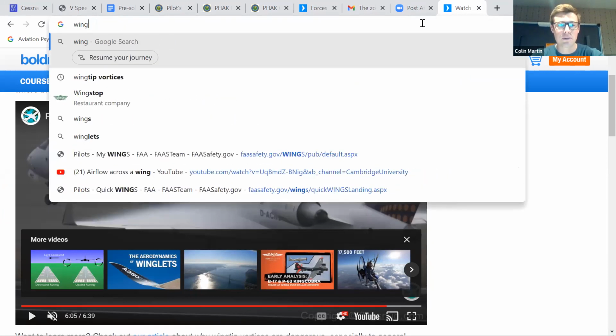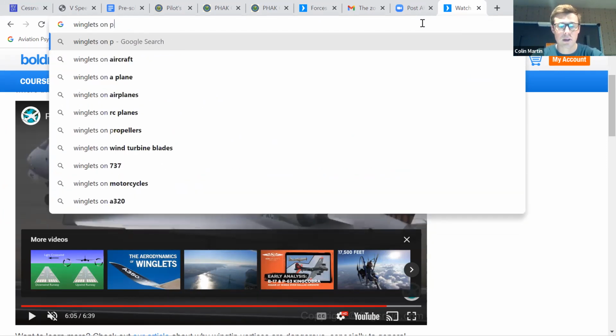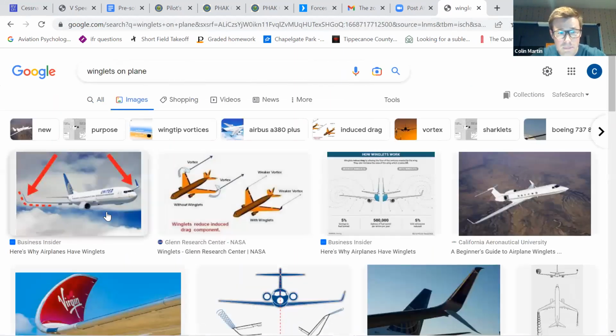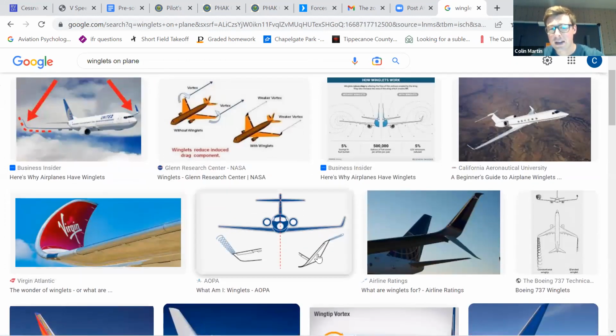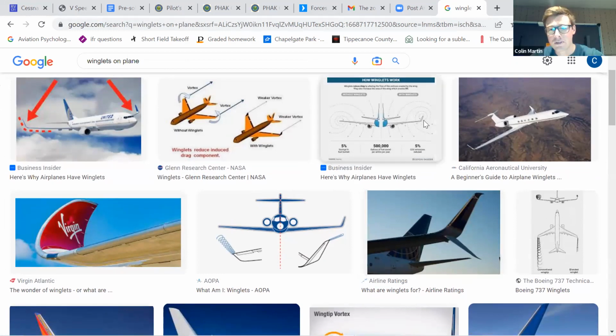Wingtips, or winglets. Because of wingtip vortices and induced drag, this is why airplanes have these winglets on the edges of their wings, and it moves the wingtip vortices away from their wings.